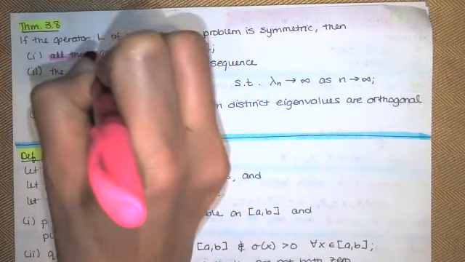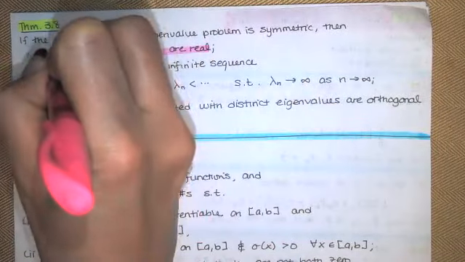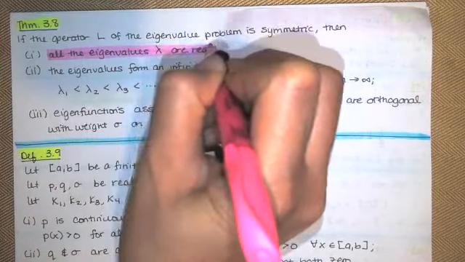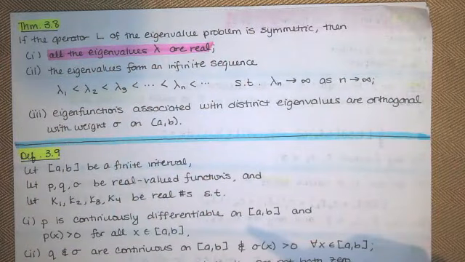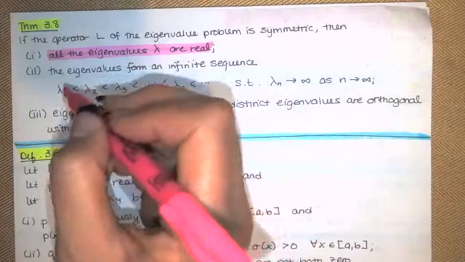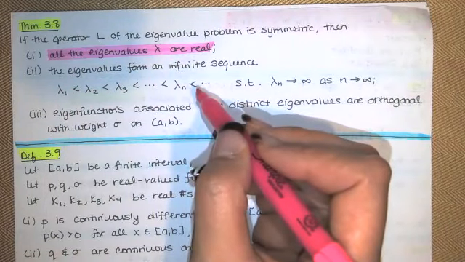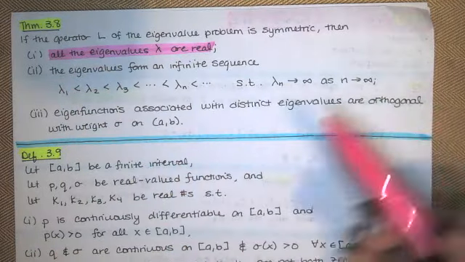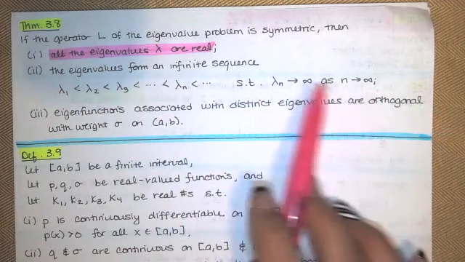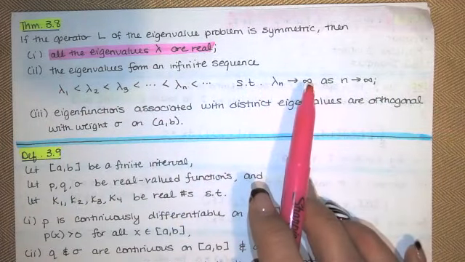All of the eigenvalues, those values of the parameter in the differential equation, are real numbers, and they form an infinite sequence, and that infinite sequence is increasing like this. As n goes to infinity, the lambda sub n go to infinity.